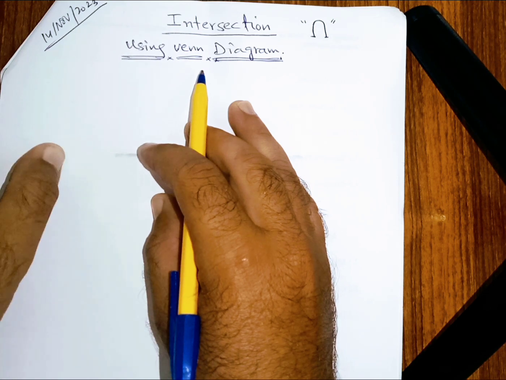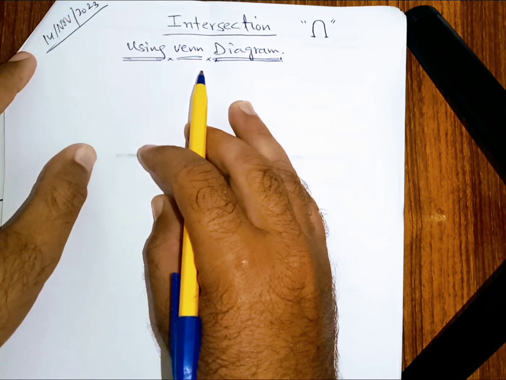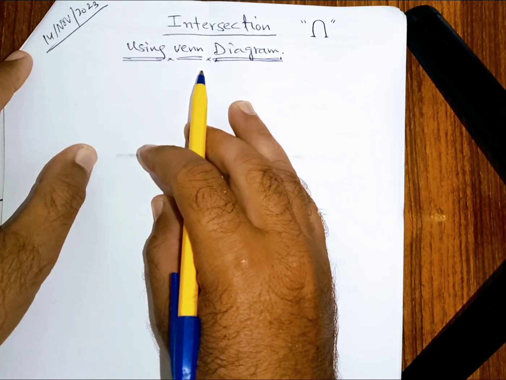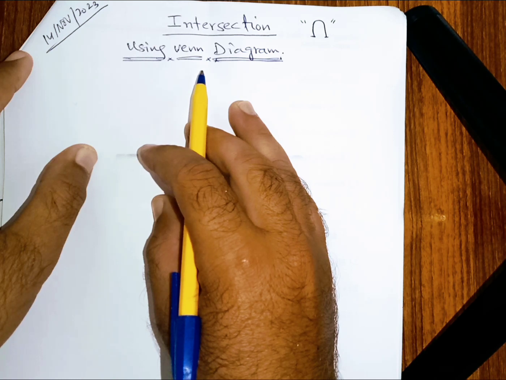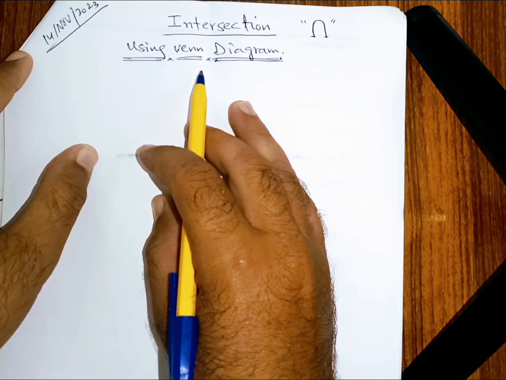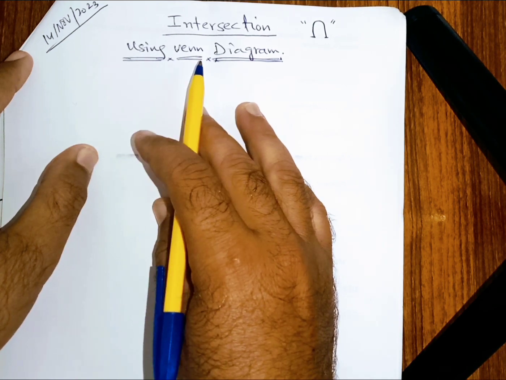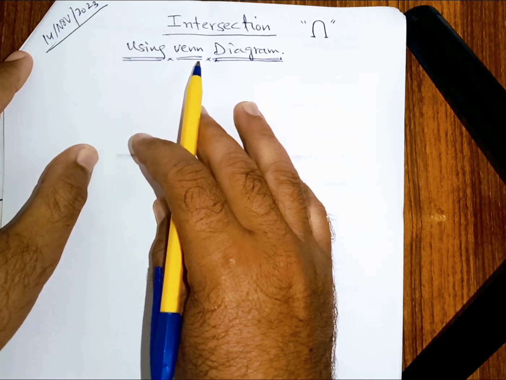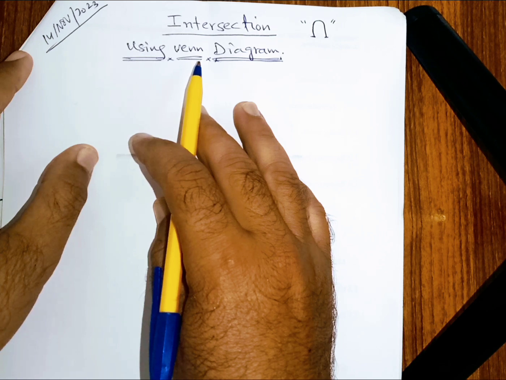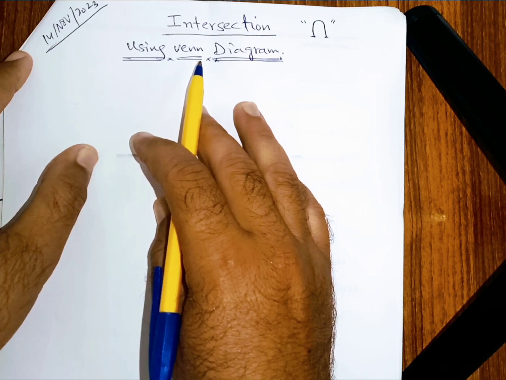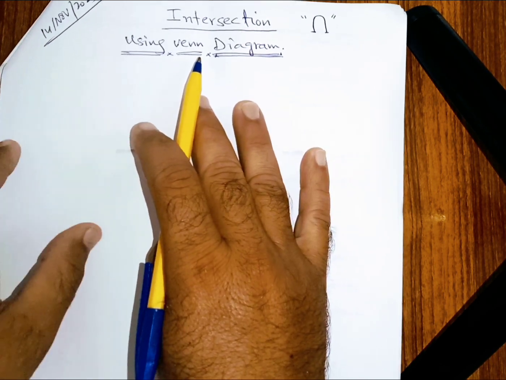And we have also done the operation of union in the previous lecture, in which we solved problems regarding union. Today, in today's lecture of intersection, we will be using Venn diagrams to show how we can do the operation of intersection.